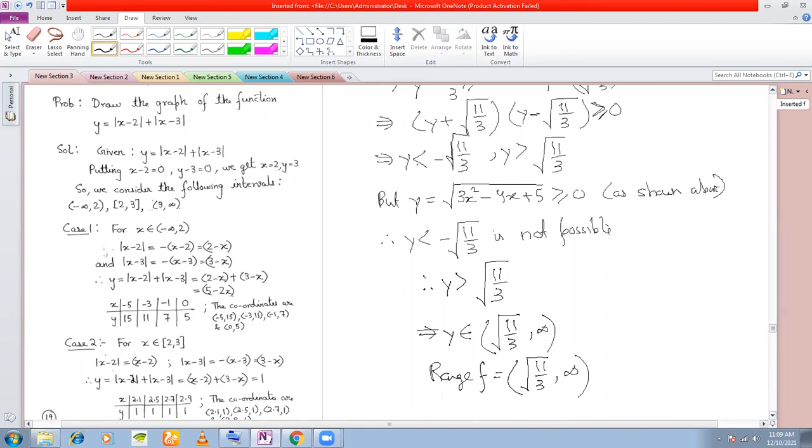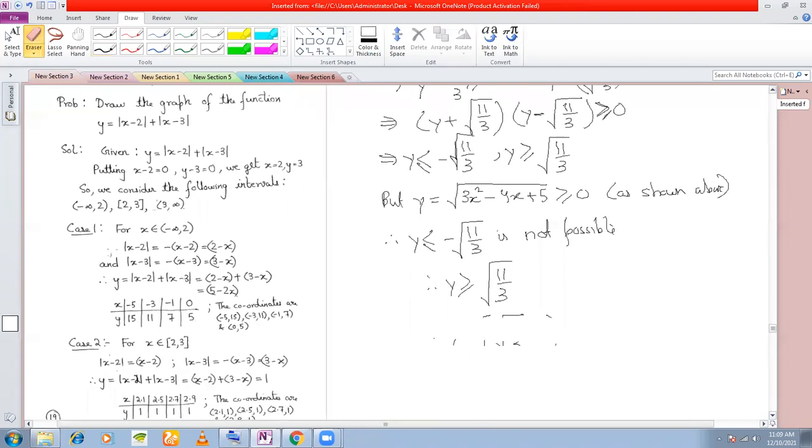Okay, there's an equality here. So greater than or equal to, and less than or equal to, so now this interval becomes a semi-open interval. We'll put a square bracket here because y can be equal to root 11 by 3. We'll proceed to the next sum.